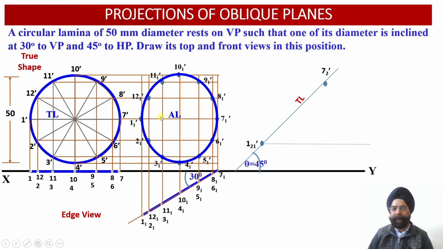So how much is the apparent length? We measure this length, 1 1 dash and 7 1 dash, the distance between these 2 points. Once we measure this distance, we keep our needle point over here, open the compass equal to 7 1 dash 1 1 dash, and mark an arc onto this locus line.